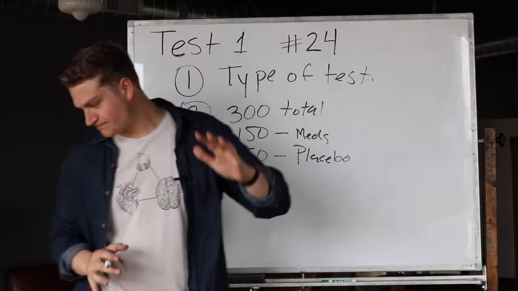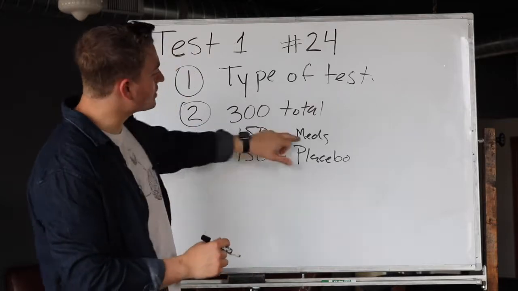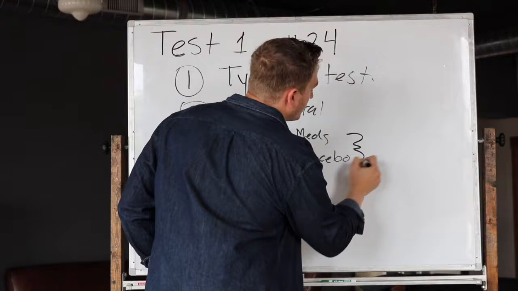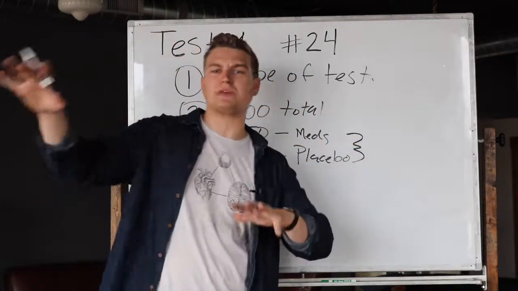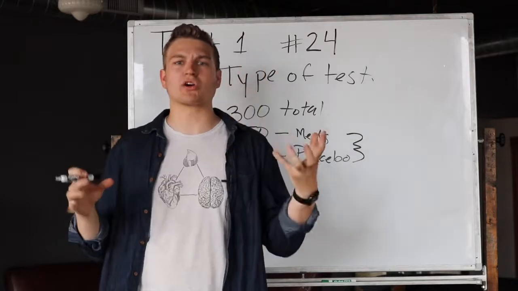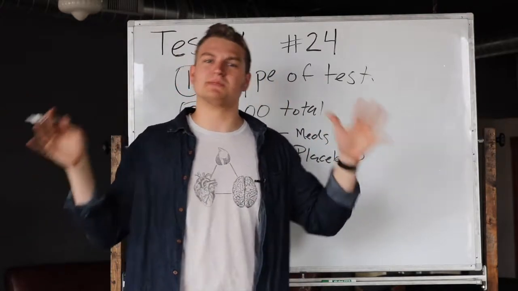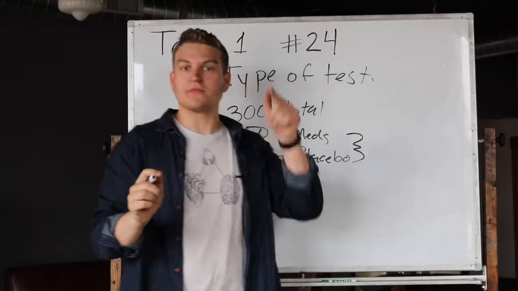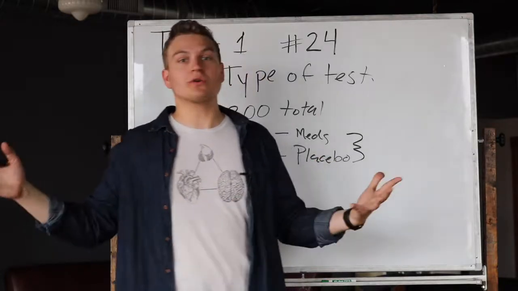Okay? Now, we also know that the way that they assigned who got the medication and who received the placebo was by running a computer program where they simulated giving people different markers that say they're going to get medication versus a placebo. This whole weird system, but if you really dig down to the core of it, you'll realize that the way they determined who gets the meds and who gets the placebo was totally random.